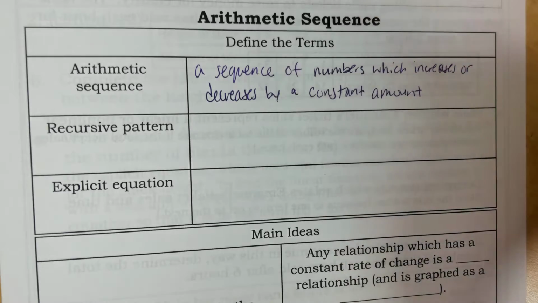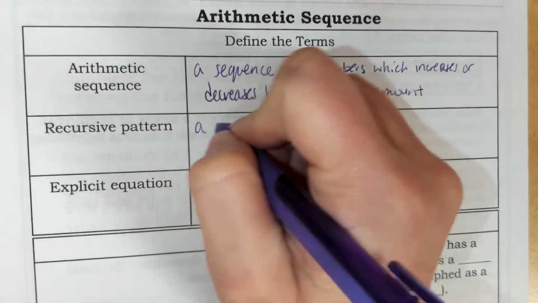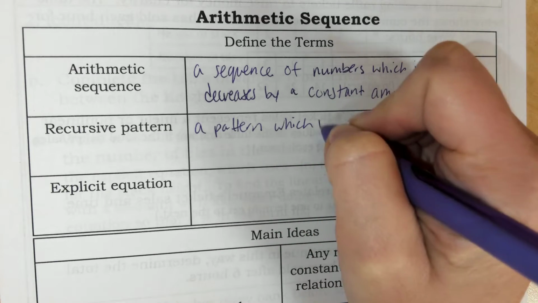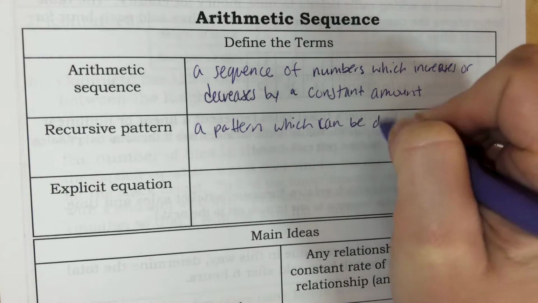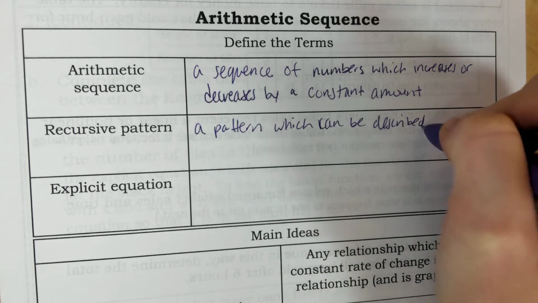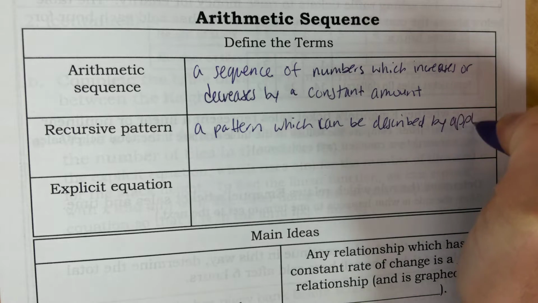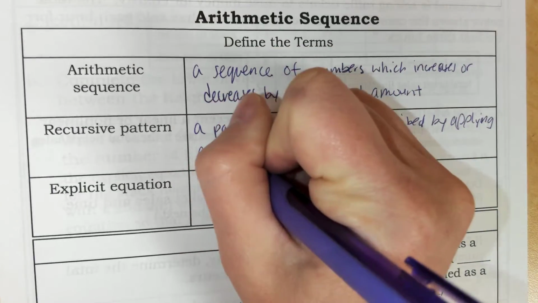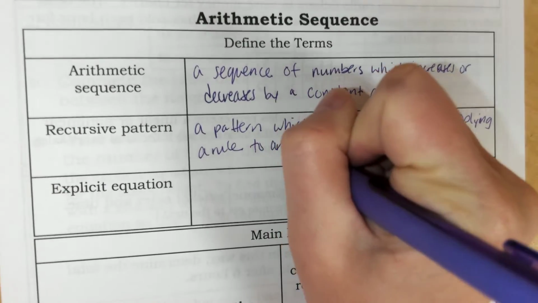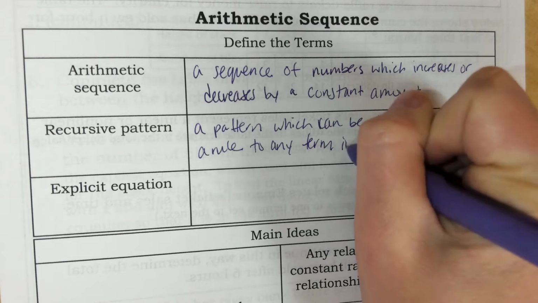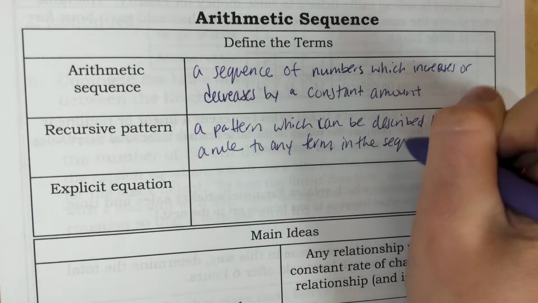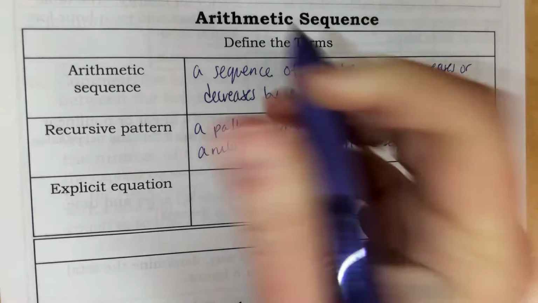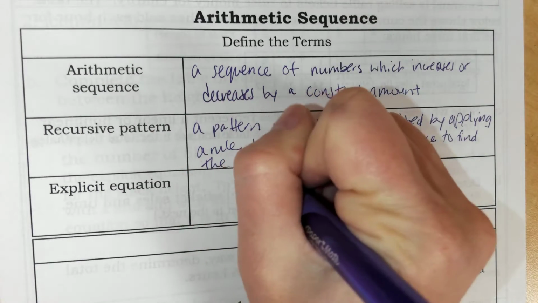Now, a recursive pattern is a pattern which can be described by applying a rule to any term in the sequence to find the one after it.